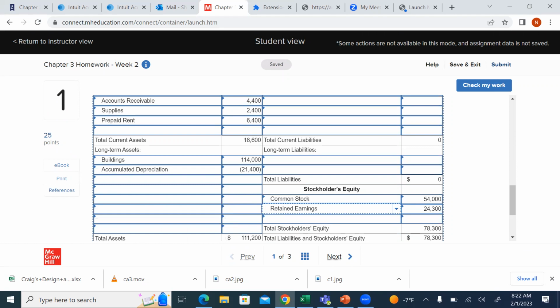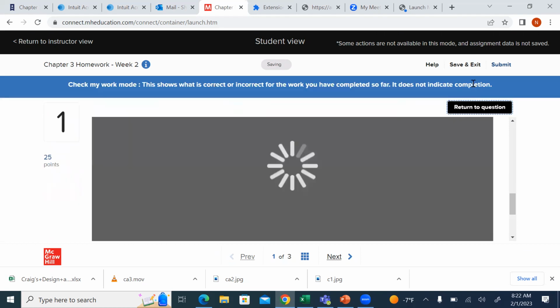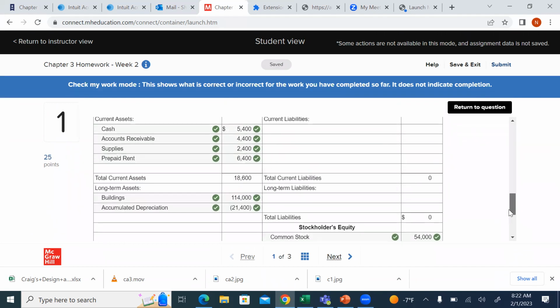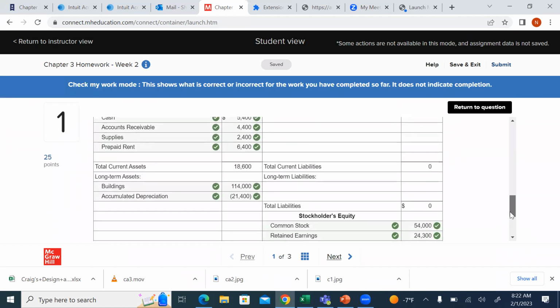So our total, let's see if I should say total long-term assets. Long-term assets. I don't think it has that. Every book does it a little different. Let me just make sure. Total current assets.